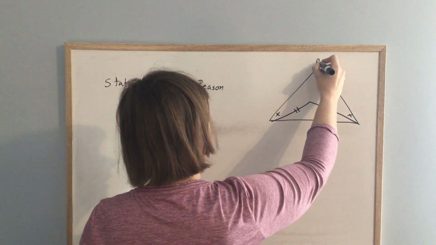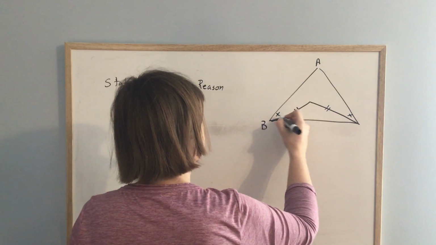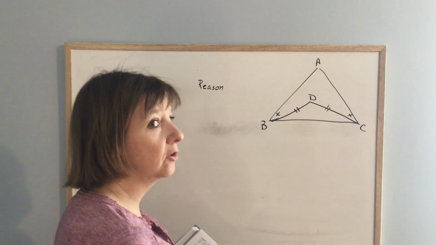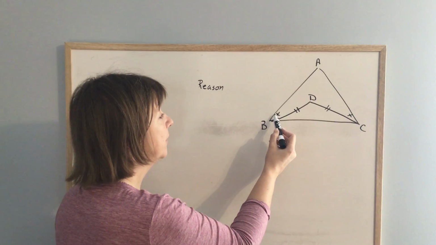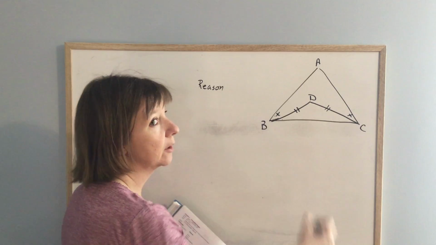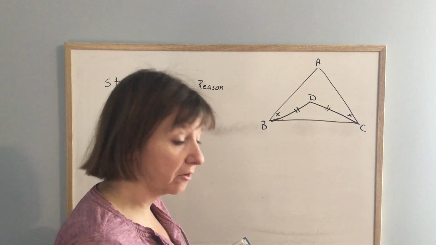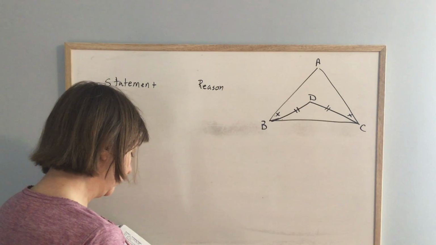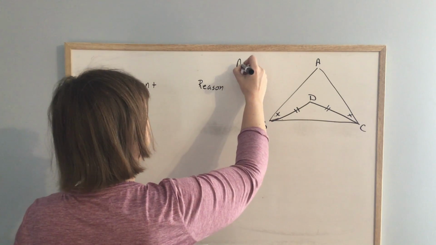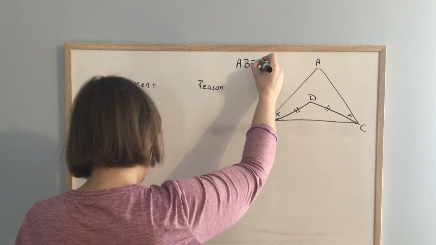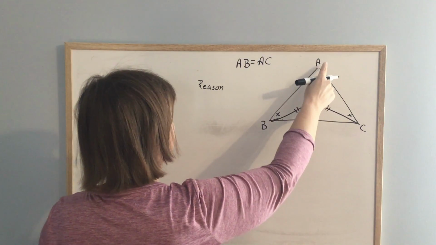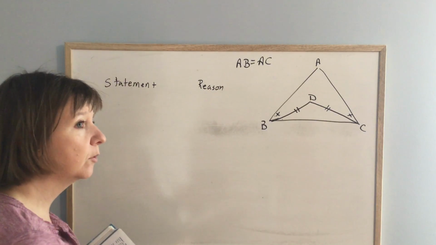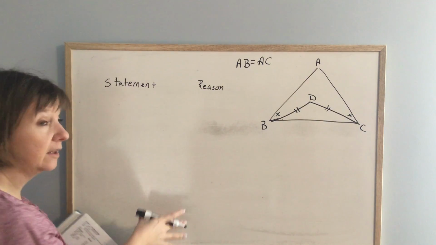They call this A, B, C, and D. See, now I couldn't just say angle B anymore, because do I mean this, do I mean this, or do I mean that whole thing? I will have to be more specific. Now, what do they want us to prove? They want us to prove that AB is equal to AC. Again, I'm never going to just say that and leave this all blank.